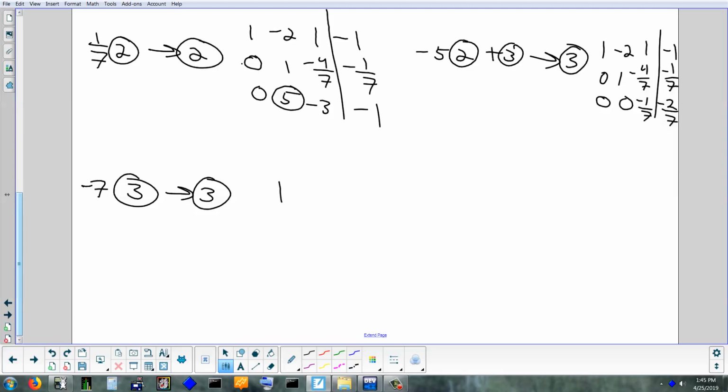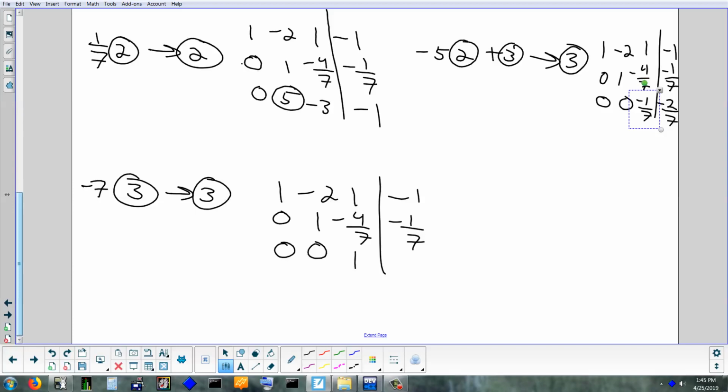Okay, row 1, 1, negative 2, 1, negative 1. Row 2, 0, 1, negative 4/7, negative 1/7. Now, row 3, multiply everything by negative 7. 0 times negative 7? 0. Negative 1/7 times negative 7. 1.